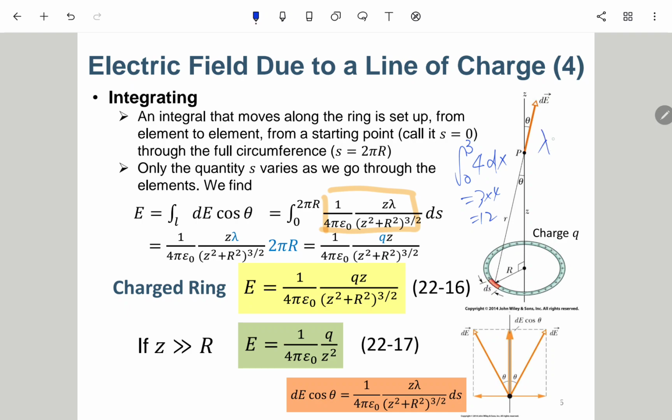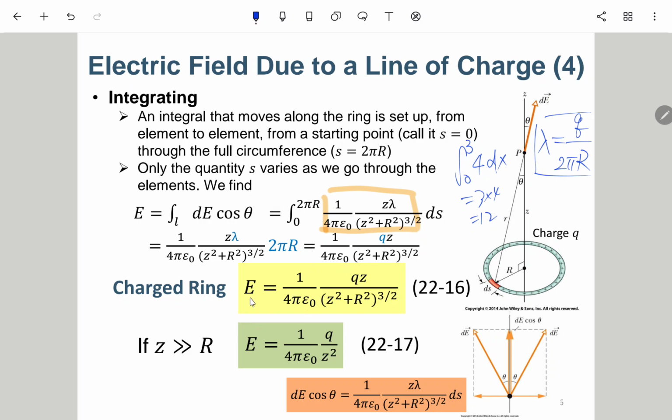So we should have lambda equals the total charge Q over the circumference of a circle, 2 pi capital R. So we can just collect 2 pi capital R times lambda as Q. We change these terms to be Q, and finally we get this expression.